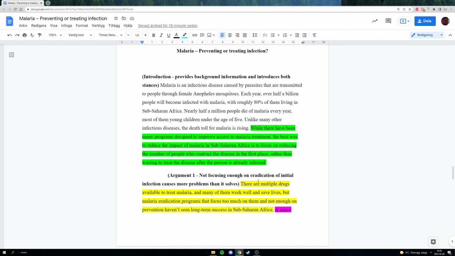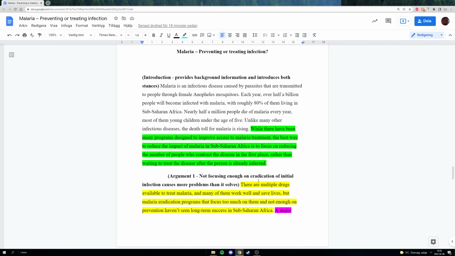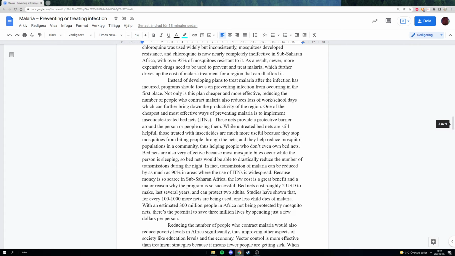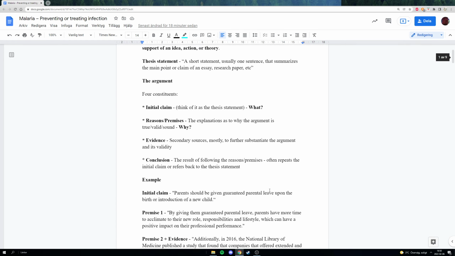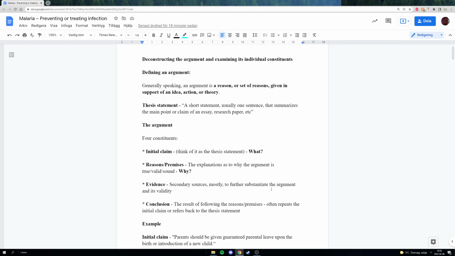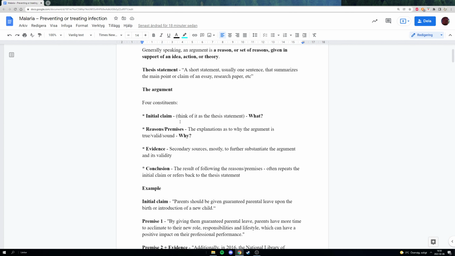Basically, when you're analyzing arguments and when you're writing ones on your own, if I were to leave you with a final piece of advice, keep it very simple. If you're writing a full text, make sure you have a very clear thesis statement, because all of your arguments will link back to this thesis statement. For your arguments themselves, make sure you have a strong initial claim.